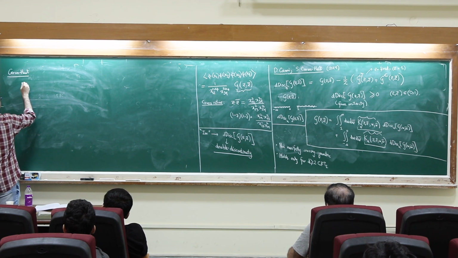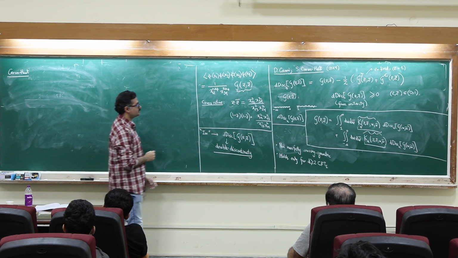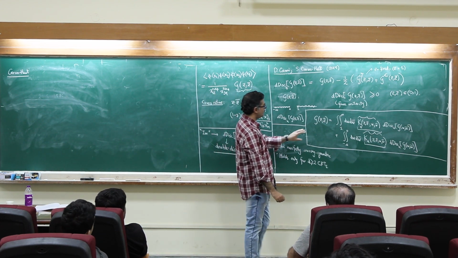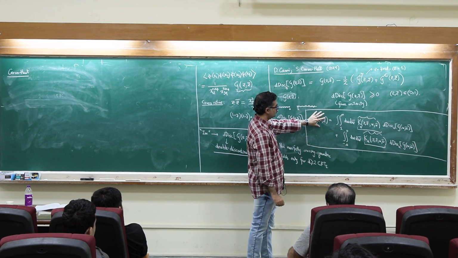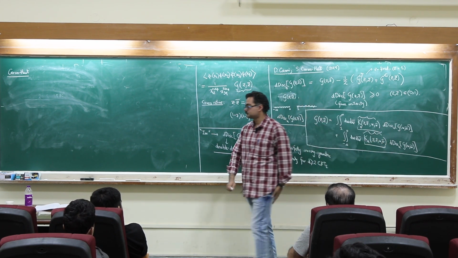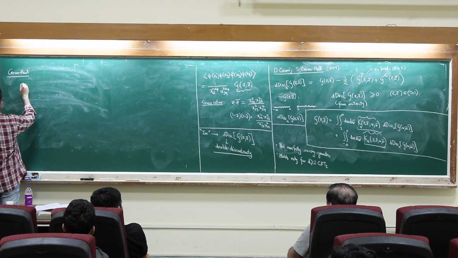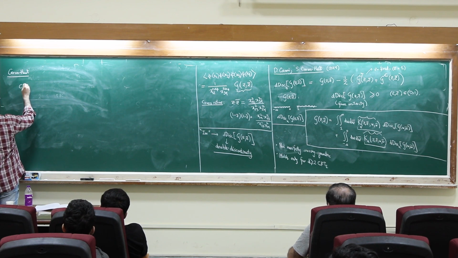The Lorentzian inversion formula is a formula which extracts the OPE data of this correlation function from a knowledge of its discontinuities. So the formula looks something like this.